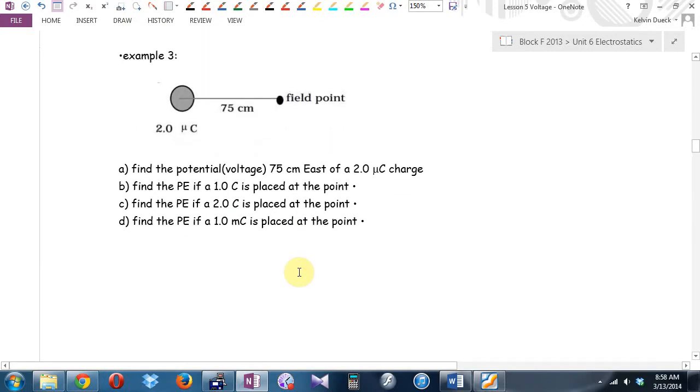So, example 3. Same diagram as before. It says, find the potential, the voltage, 75 centimeters east of a 2 microcoulomb charge. Okay. Voltage. Now, I developed a habit a long time ago. Later on, we're going to be doing equations that have voltage and speed in them.